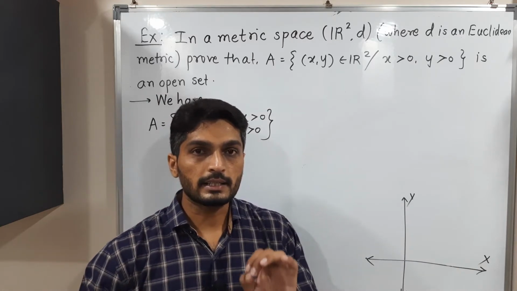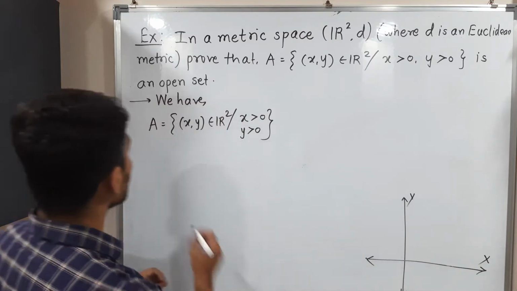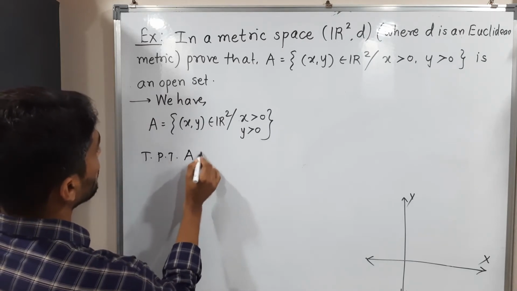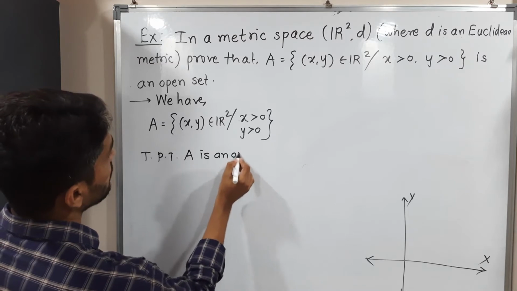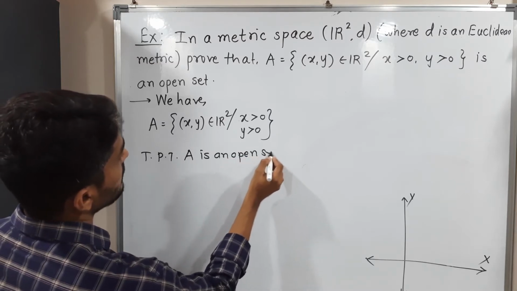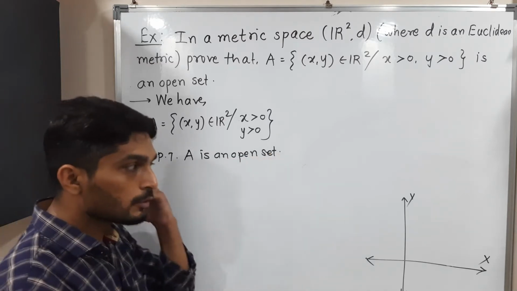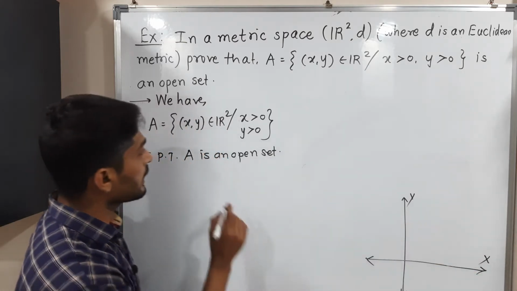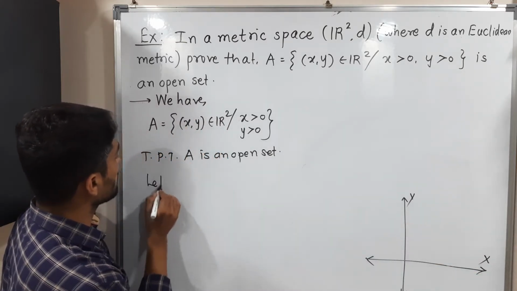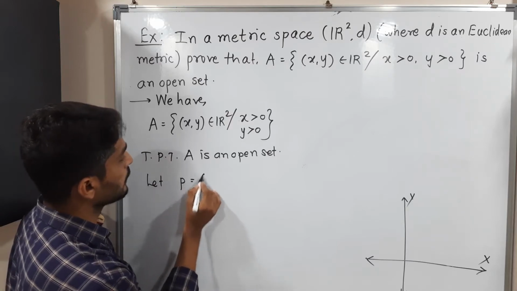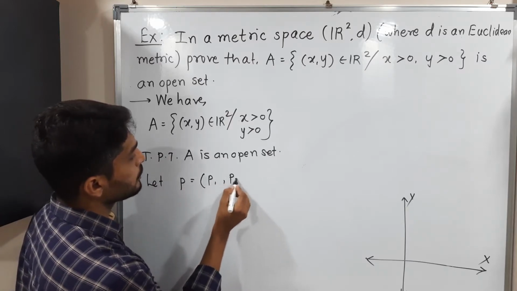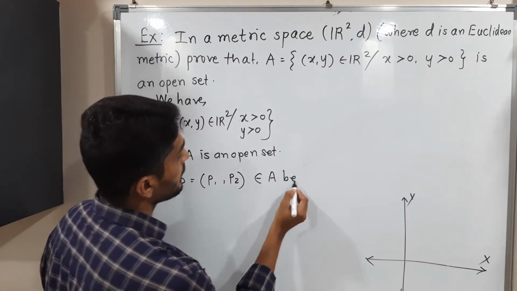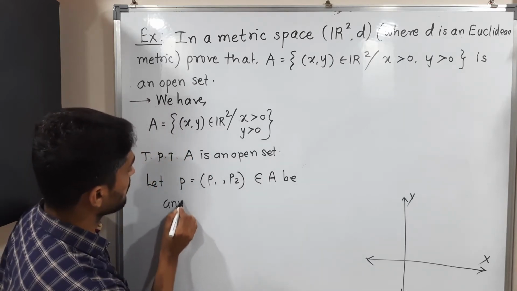See, I will select any arbitrary point. I will clearly mention here: to prove that A is an open set. Okay, how to prove a set is open? This first quadrant is nothing but set A. So to prove that A is an open set, I will take any arbitrary point. Let P = (P1, P2), since it is in R2, belongs to A, be any arbitrary point.